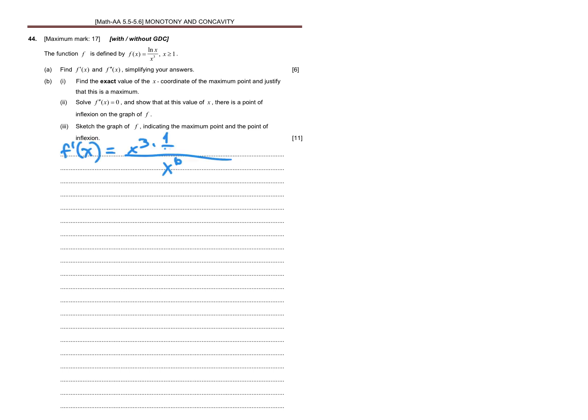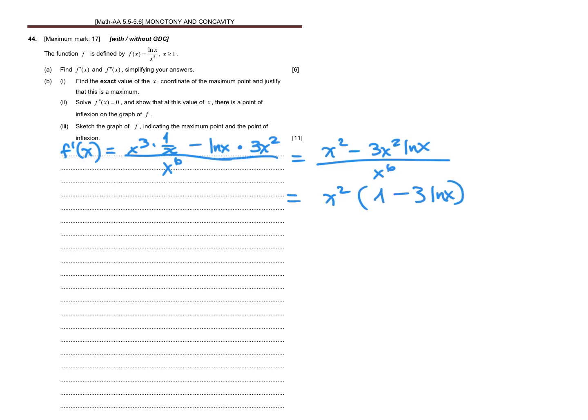So v times the derivative of u minus u times the derivative of v, and then that's going to be x squared minus 3x squared natural log x over x to the 6, we can factor out an x squared, 1 minus 3 natural log x over x to the 6, so that ends up being x to the 4. Okay, so 1 minus 3 natural log x over x to the 4.